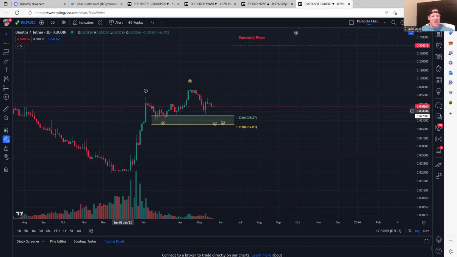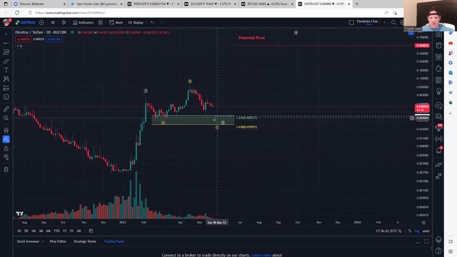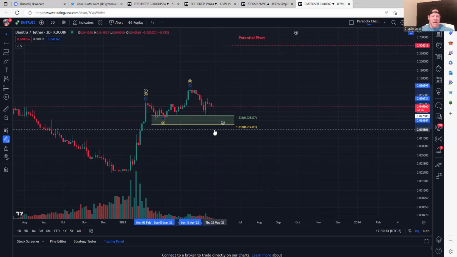So with a flat structure in Elliott Wave, you can have a running flat, a regular flat, or an expanded flat. The way this is right now, this would be a running flat, because if this bottomed here, your C wave is above your A. If we come down to the 1.618 fib extension level, that would technically be an expanded flat.